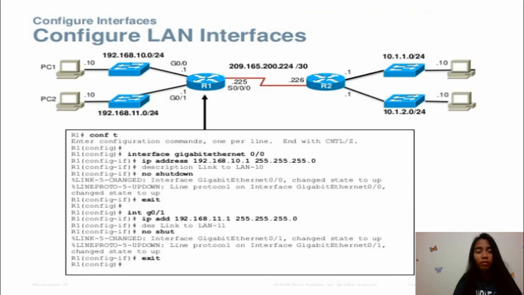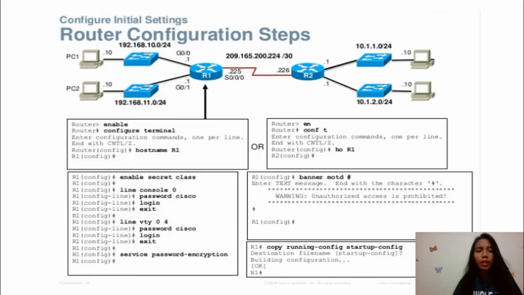So for the next one, we have the router configuration steps. Like what I've said, we will first enable and configure terminal, and you will put the hostname, and you will use line console 0 and line VTY 0 4.